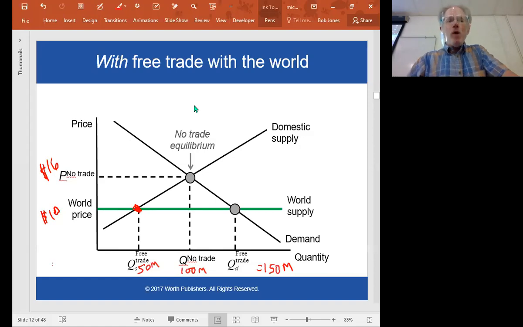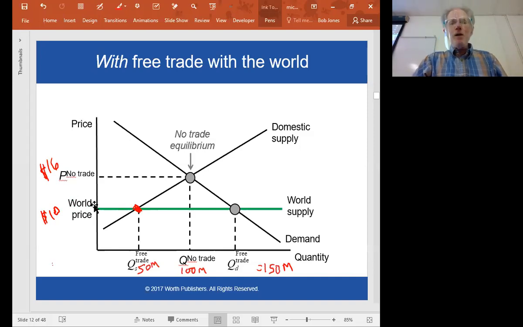Okay? And what if the world price for this product is only $10? Remember, we talked about this last time, but this is a graph that it's easy to misunderstand. So be sure you understand the assumptions we're making.